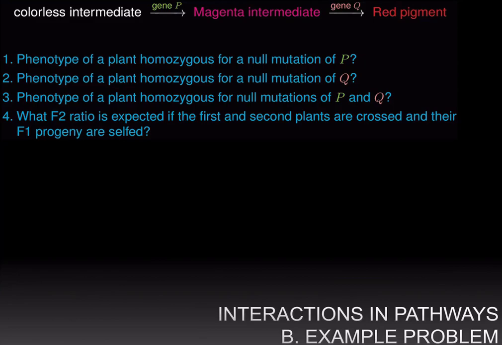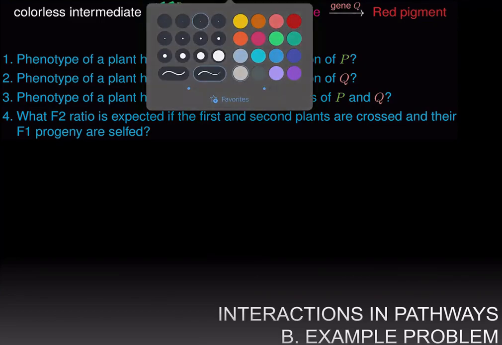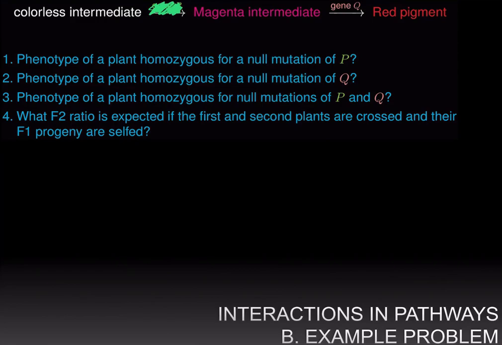And so if you are homozygous for this null mutation, that means there is absolutely no enzyme to convert the colorless intermediate into the magenta intermediate, and therefore you're blocked at the colorless stage, and so these plants will be colorless.